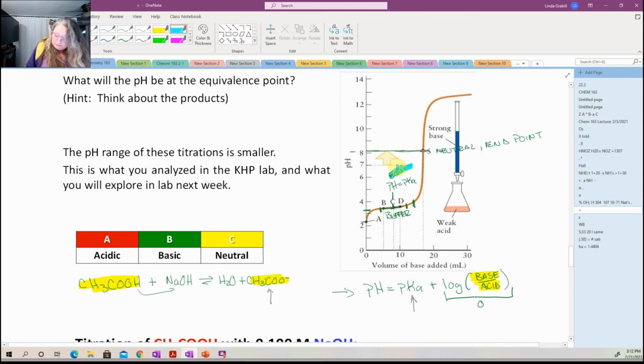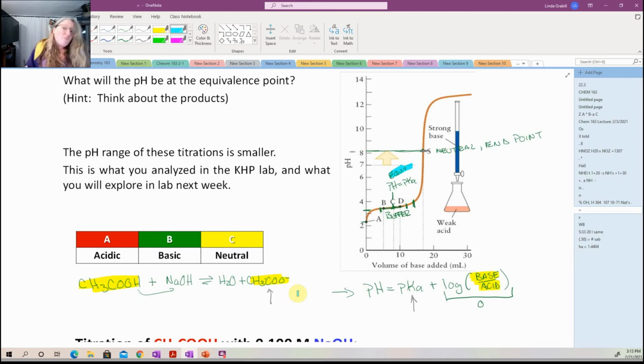When I wrote equivalence, I'm referring to I have the same amount of my weak base as I do my weak acid, so my conjugate base of my weak acid in this particular case. If I was going the other way, then I would have the same amount of my conjugate acid for my weak base. Why is that important?